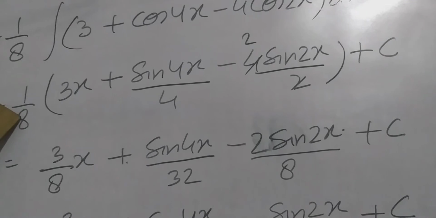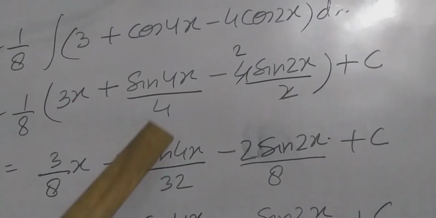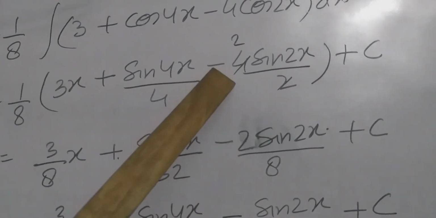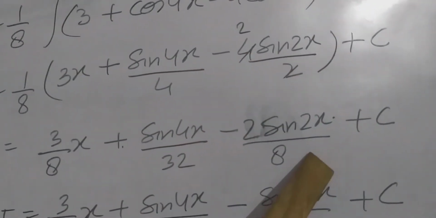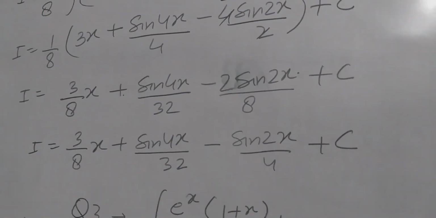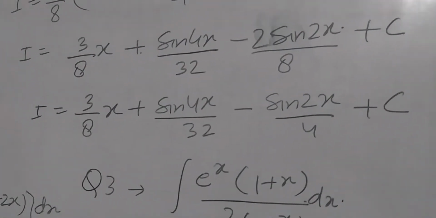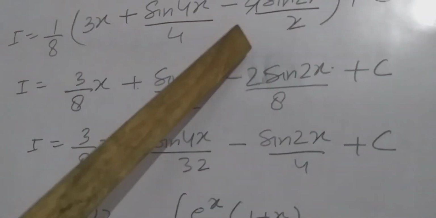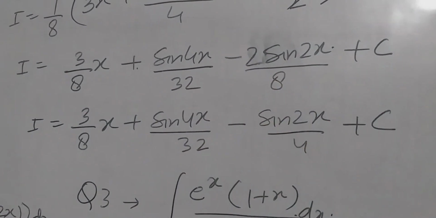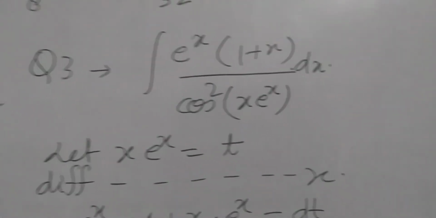So its integration is 3 upon 8 x plus sin 4x upon 32 minus 2 sin 2x upon 8 plus C. So this is our answer. Okay. If we want to simplify 2 over 8, you can write it as sin 2x upon 4 plus C.